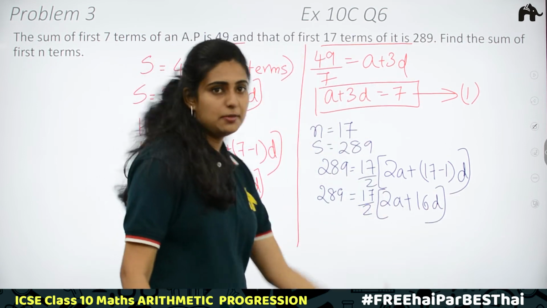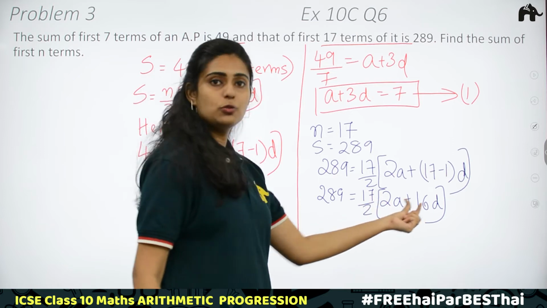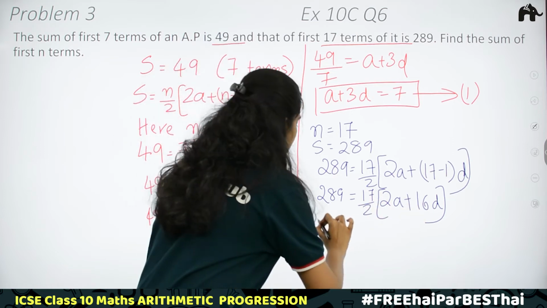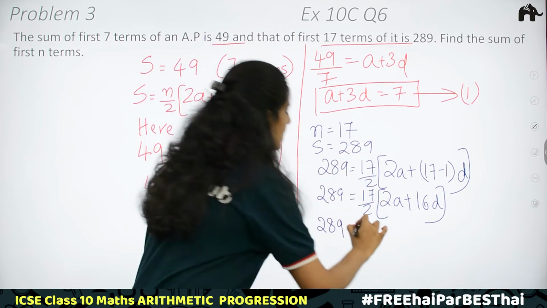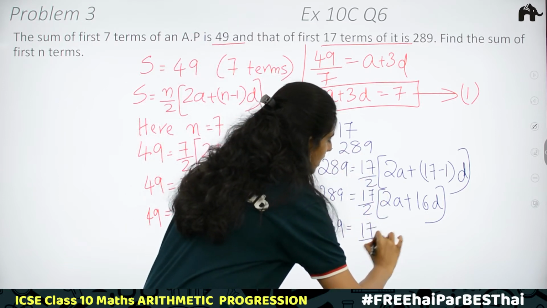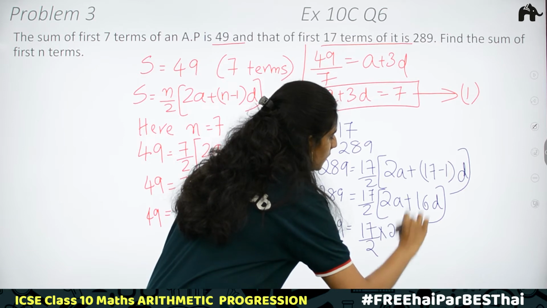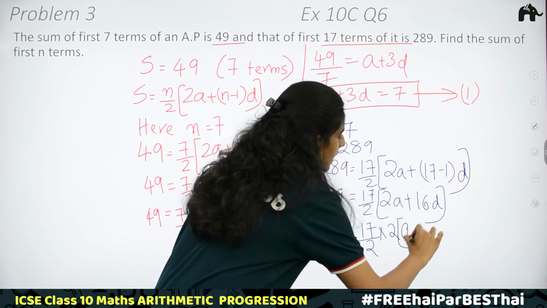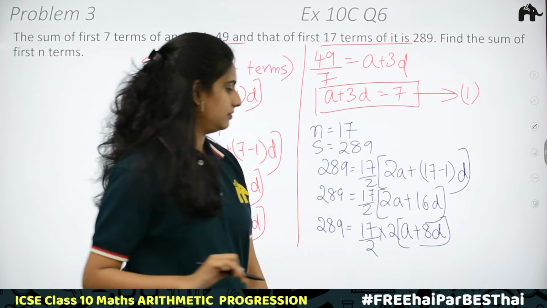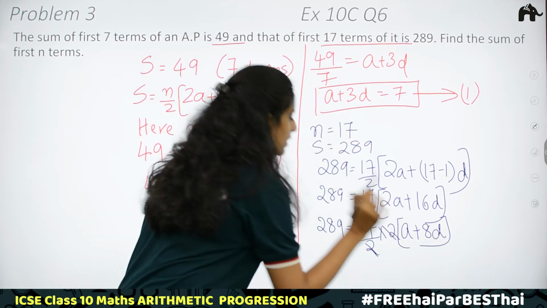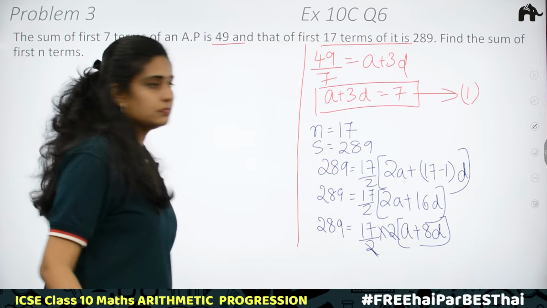Okay. Same process. We can take 2 common outside. Then we get 289 is equal to 17 divided by 2 into 2 into a plus 8d. 2 and 2 can be cancelled. Okay.